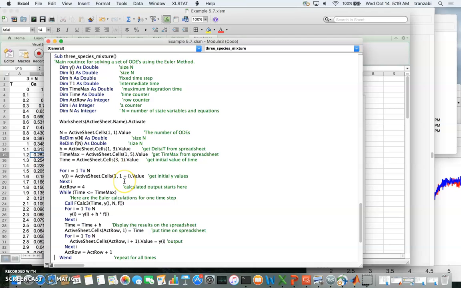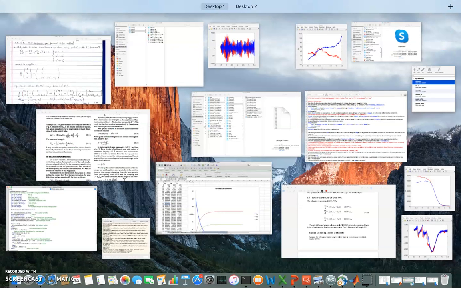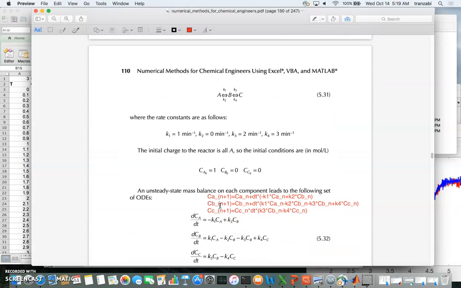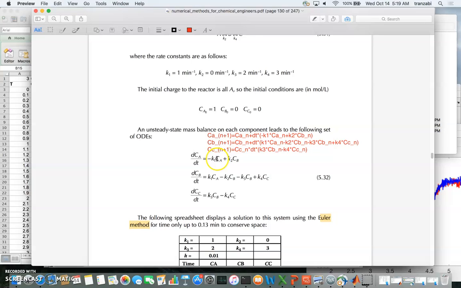Okay, so before we actually solve this, I just want to remind you that if you want to solve this system, if you remember, we converted the three equations we had using forward Euler.